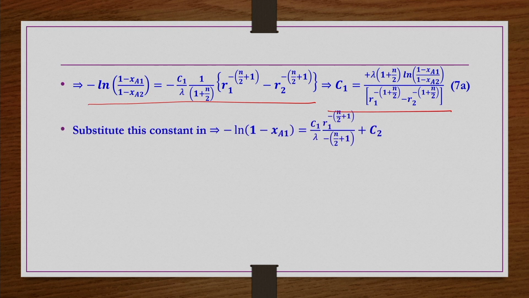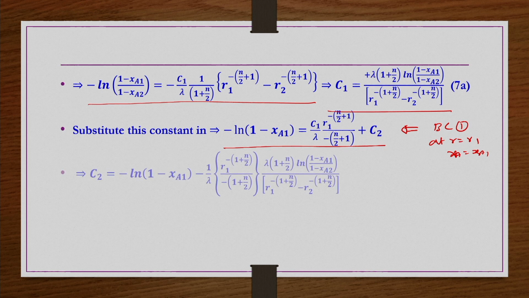Now if you substitute this C1 in this equation, you get C2. This is the BC1, that is at R equals R1, XA equals XA1, whatever we have written, that equation is this one. So C2 equals minus ln(1 minus XA1) minus C1 by lambda minus 1 by lambda, and this is all C1 from equation number 7a.